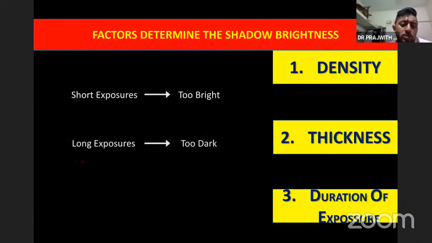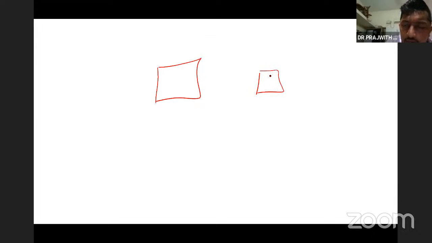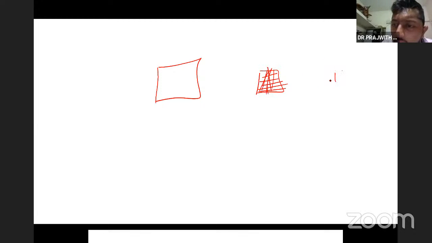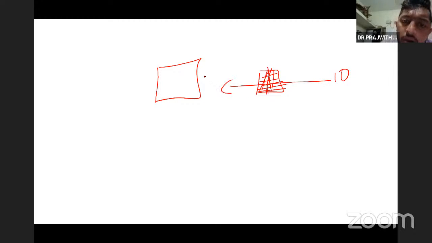So what happens in the duration of exposure? Now, imagine there is an X-ray film, there is a can filled with water, or a bone is present here. I allowed 10 X-rays to pass through it and only 7 reached. Now what do I do?